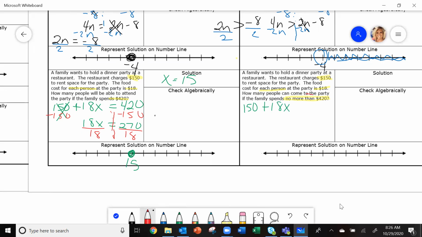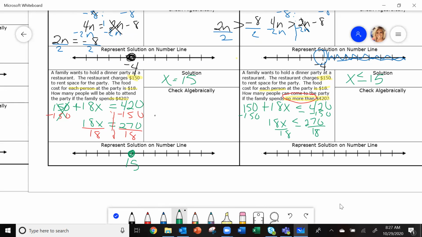Now, no more than is going to mean less than or equal to 420. You will do the exact same steps by subtracting 150 from each side. 18x is less than or equal to 270. Divide by 18. x is less than or equal to 15, but the graphing is what's going to be different.